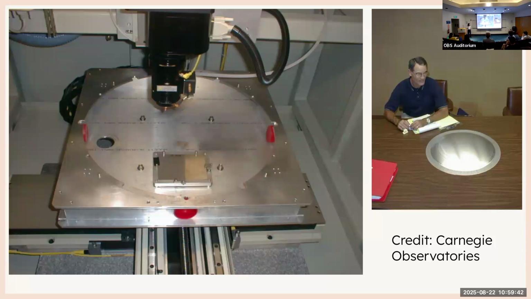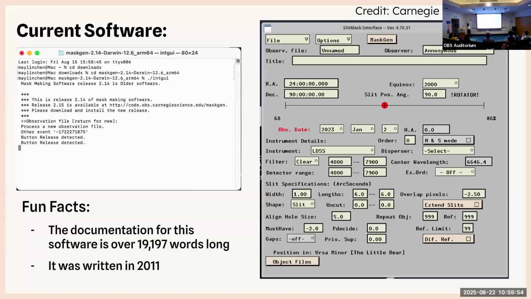And how do you determine where these slits are placed? Well, there's a lot of math and algorithms that go into it, which is why you typically need a piece of software to help you create these masks. This leads us to our current problem, where the current software is really clunky to use.